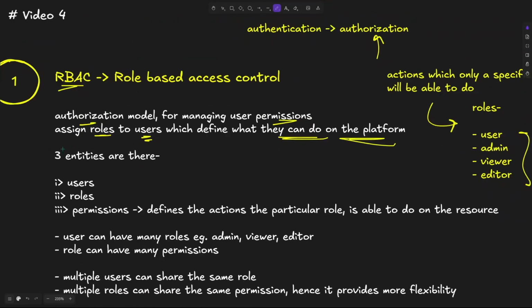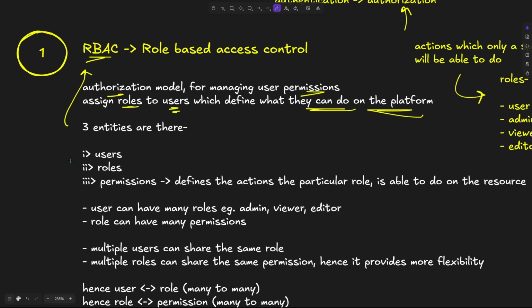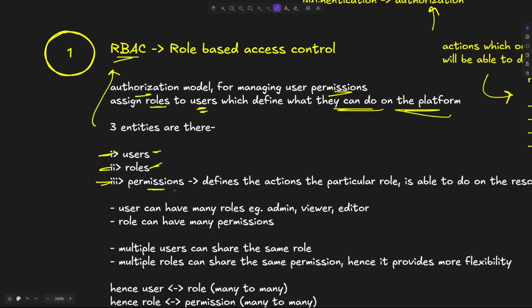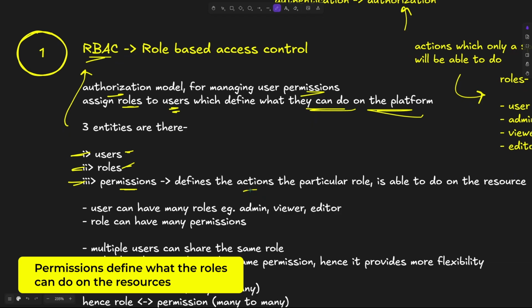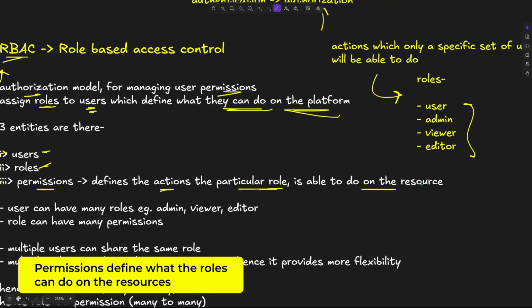There are three entities involved in this entire RBAC model. Number one is the users, number two is the roles, and number three is the permissions. The users and the roles are pretty much clear, I believe. Now what are these permissions? Permissions define the actions which a particular role is able to do on a resource.